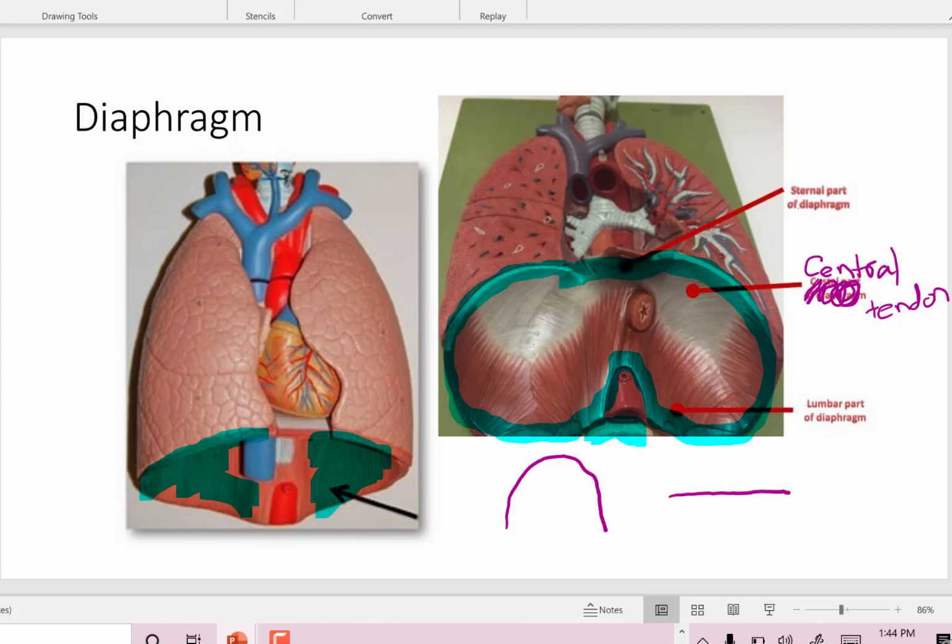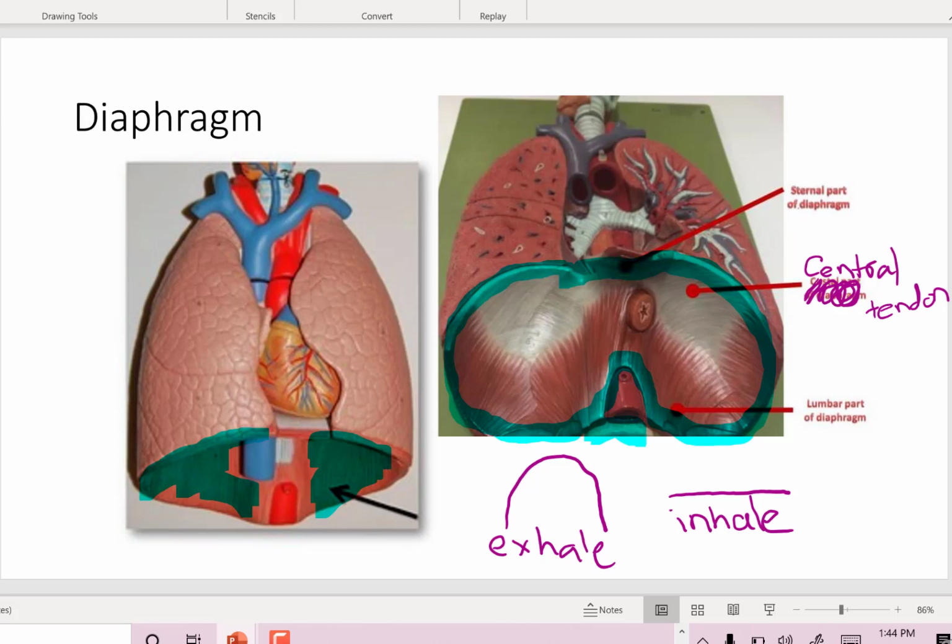So when the diaphragm flattens, you are contracting it and you inhale. When the diaphragm relaxes, it goes back up to a domed-shaped position and you exhale. And this is the reason why the action of the diaphragm is in your hit list as the prime mover of inspiration.